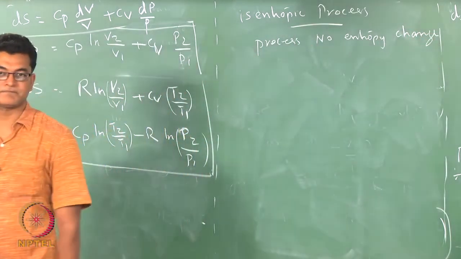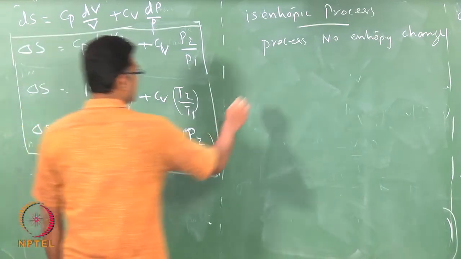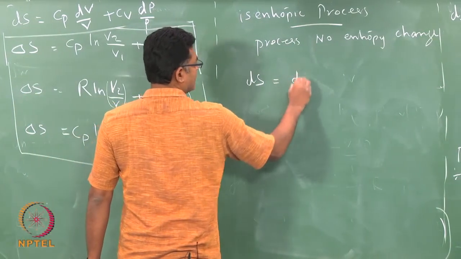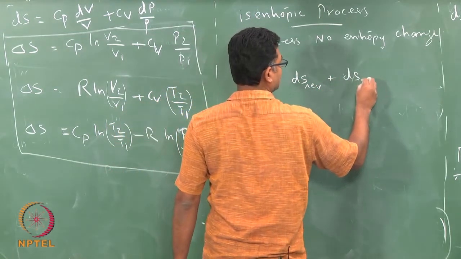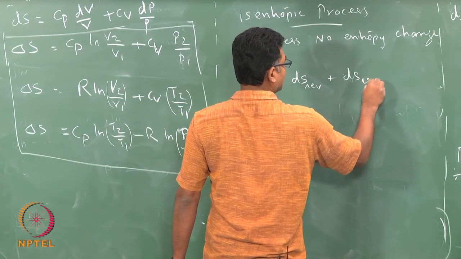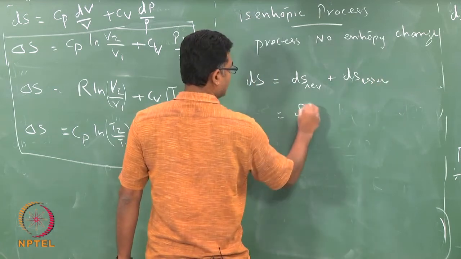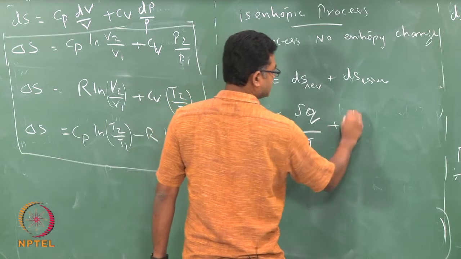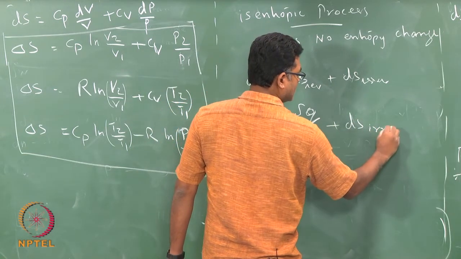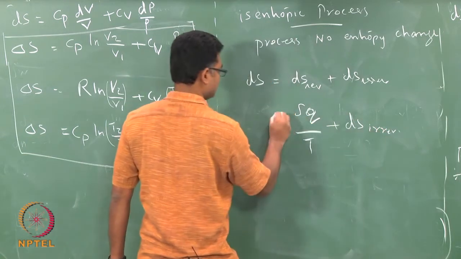So we have defined our dS to be dS reversible plus dS irreversible, which is delta q by T plus dS irreversible.